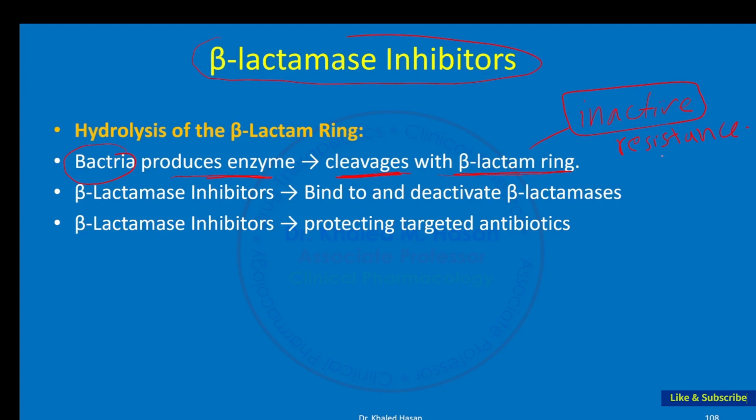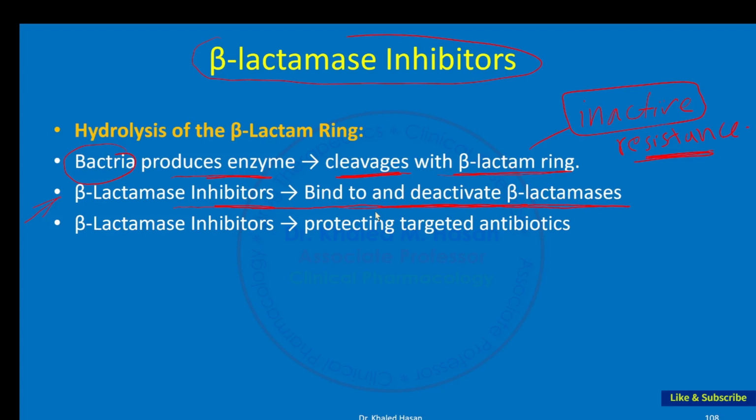The main reason is the enzyme called beta-lactamase. For this reason, they developed beta-lactamase inhibitors, which bind to beta-lactamase and protect the antibiotic from deactivation.